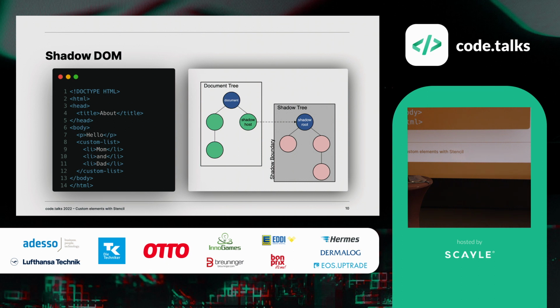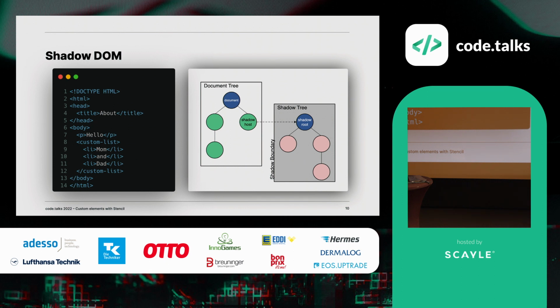The shadow tree is something you cannot see from the outside. So the light DOM has no knowledge about this shadow tree. There is a boundary in between; what's happening inside doesn't matter and doesn't play a role for rendering the whole document tree. If the shadow host changes, there is a re-render going on. If changes only happen within the shadow tree, the re-render is only performed within this shadow tree.